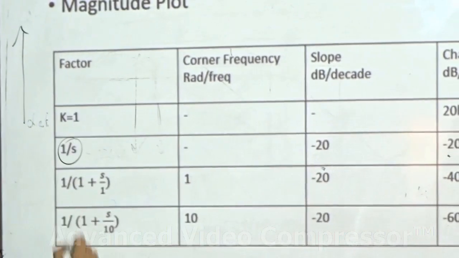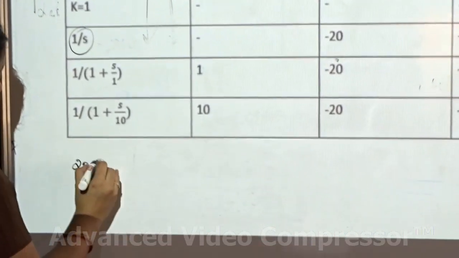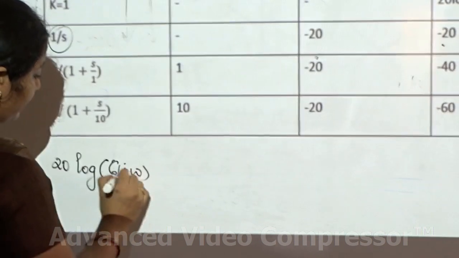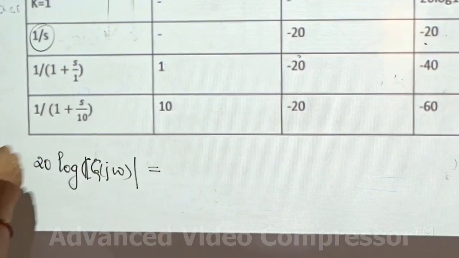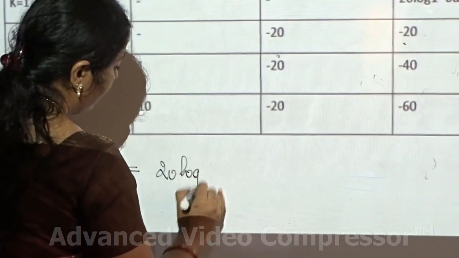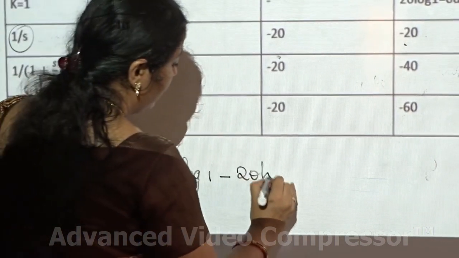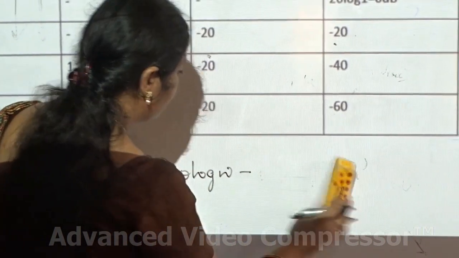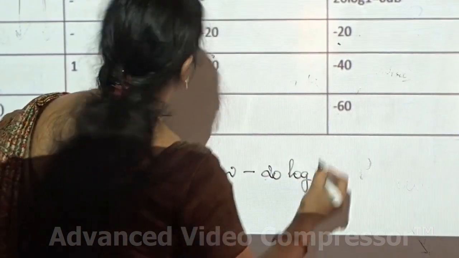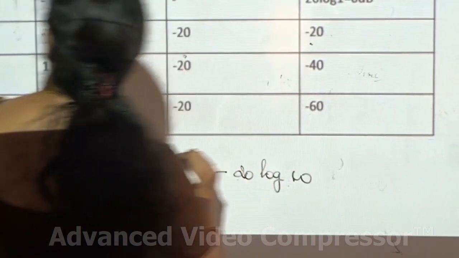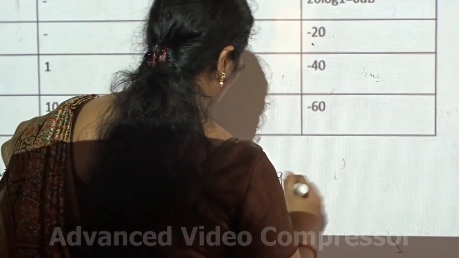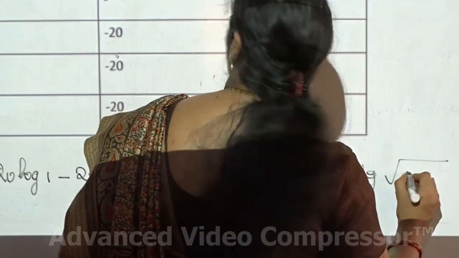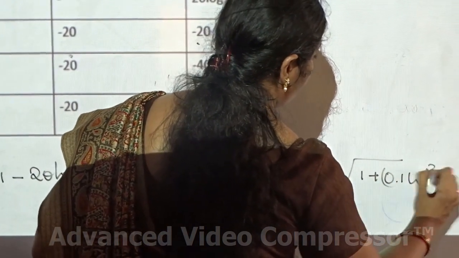How is it? If you want, you can just see. The total gain, that is G of j omega, if I take the total magnitude, is 20 log 1 minus 20 log omega minus 20 log root of 1 plus omega square, minus 20 log of root of 1 plus 0.1 omega whole square.